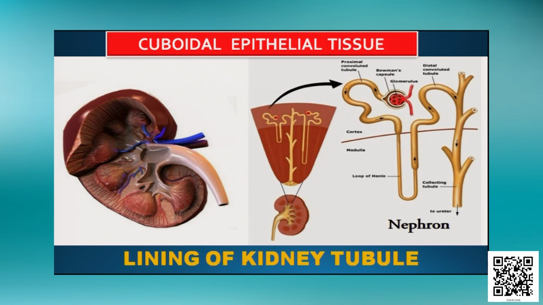You can see the nephron picture on the right side. The nephron is made up of a cup-like structure and a big tubule-like structure. That tubule has cuboidal epithelial tissue. Let us see how the cuboidal epithelial tissue looks.